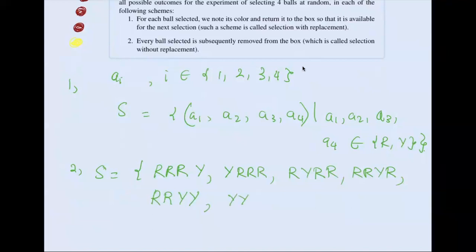Or you can pick yellow first in the first 2, and then pick red in the last 2 picks. Or you might have something like this, or like this, or something like this.